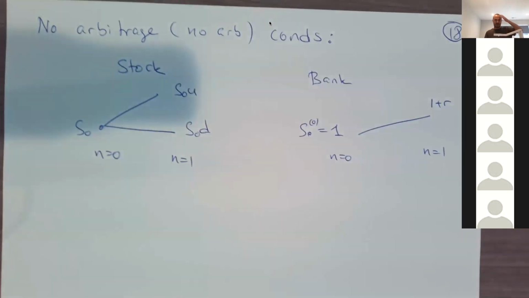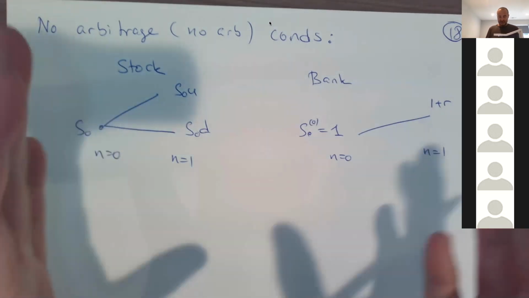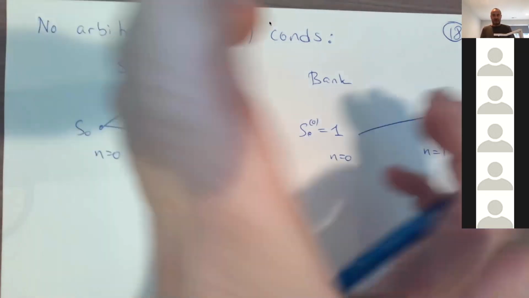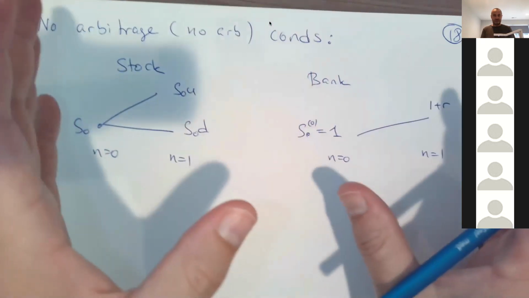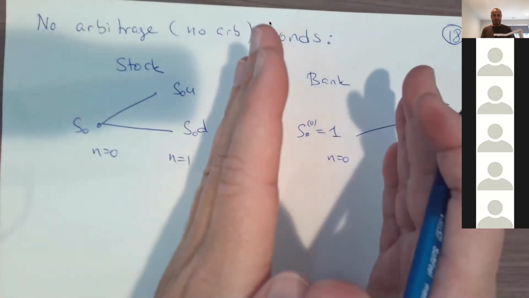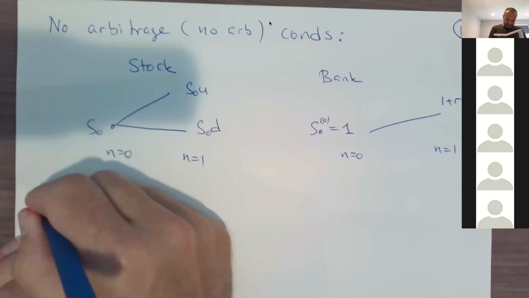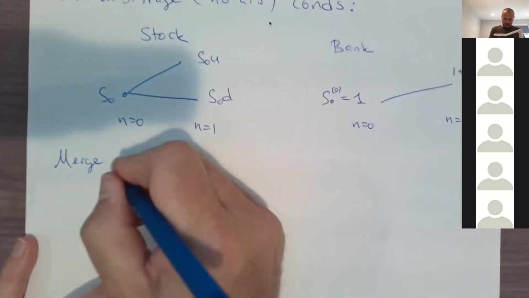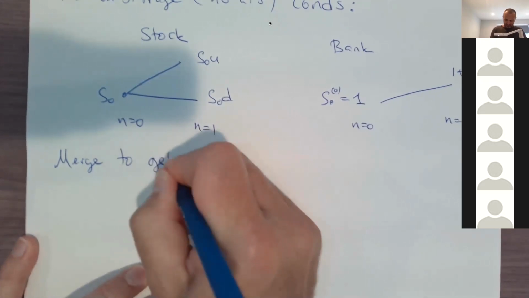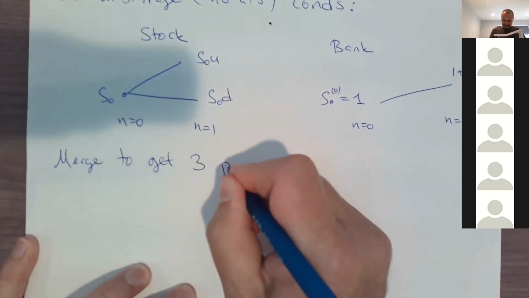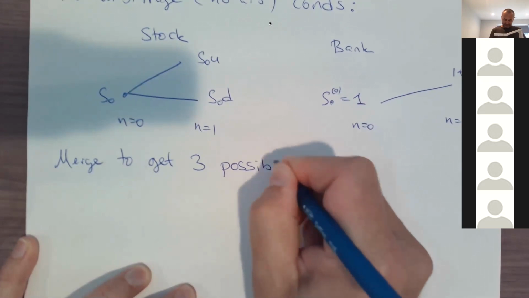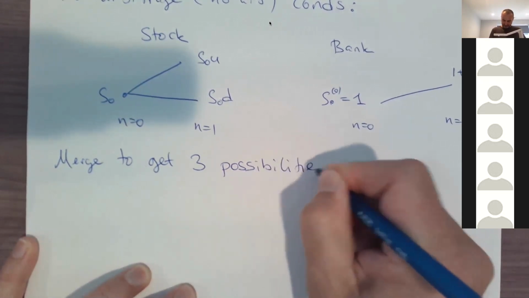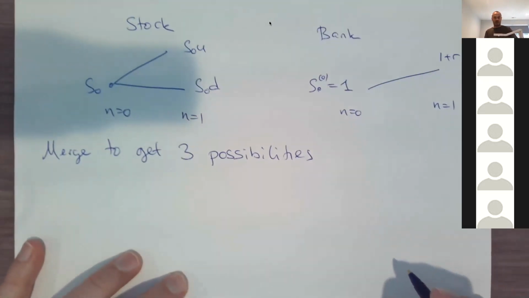So what's the no arbitrage condition? To get the no arbitrage condition, you merge these two pictures into one. Merge to get 3 possibilities.